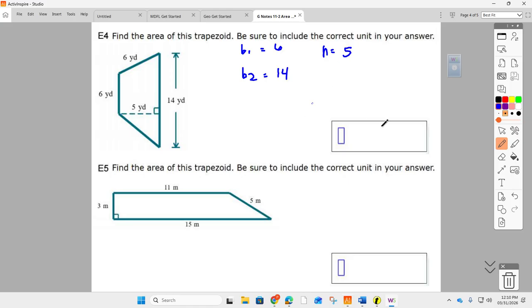Okay, so we're just going to plug it into our formula again. The height times the sum of the bases divided by 2.